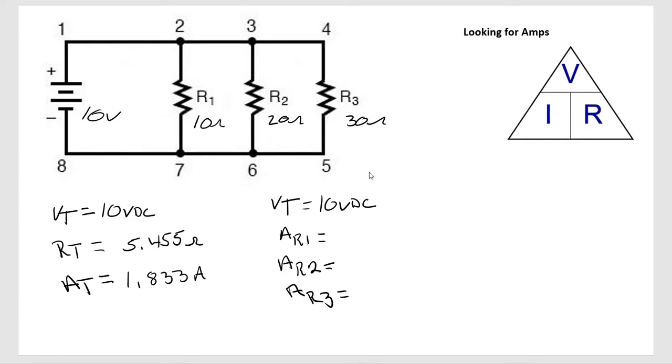So what do I need to find amps? I have resistance and I have volts. So each one of these loads gets 10 volts. This one is 10 ohms. So for R1, it would be 10 volts divided by 10 ohms, and 10 divided by 10 is 1, so I can say this is 1 amp.